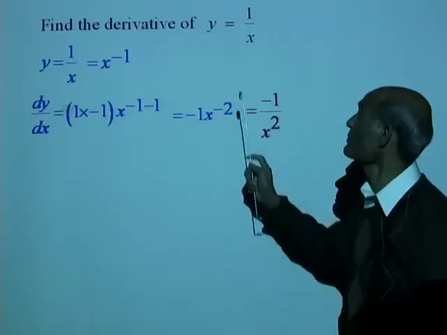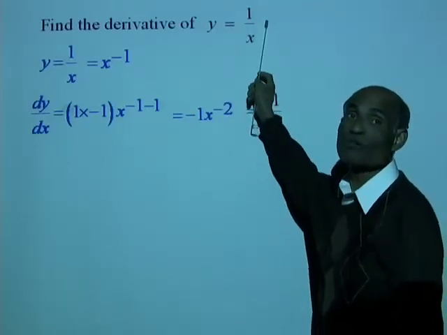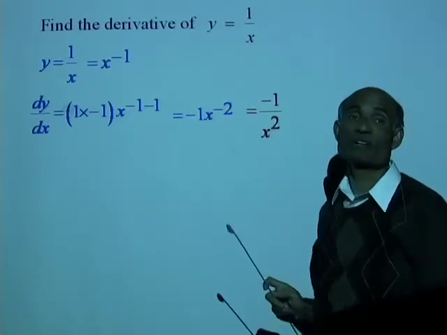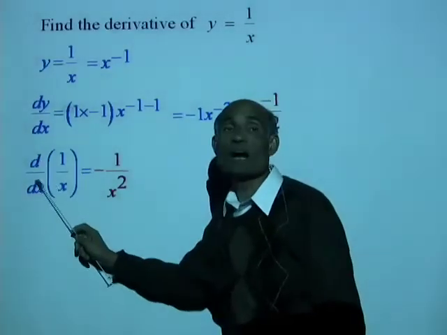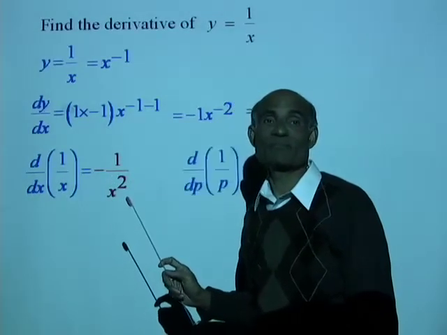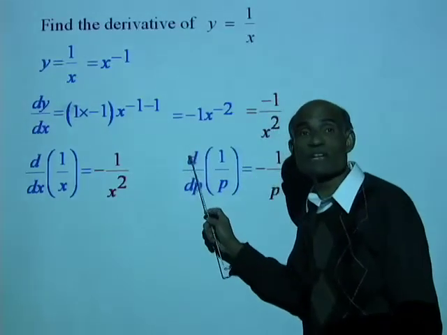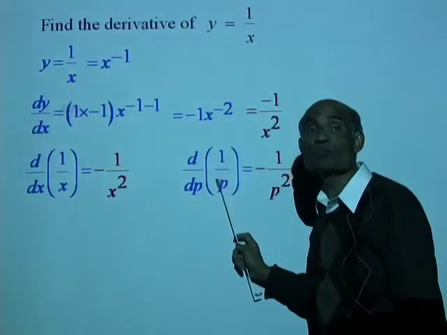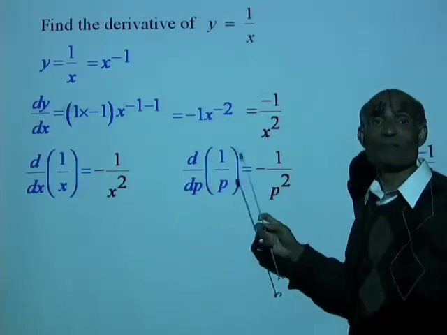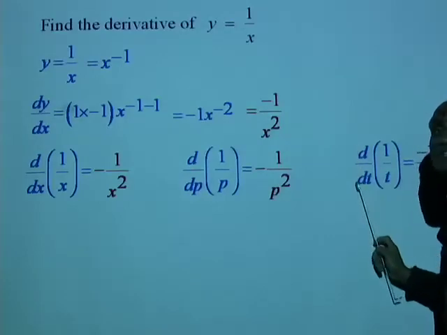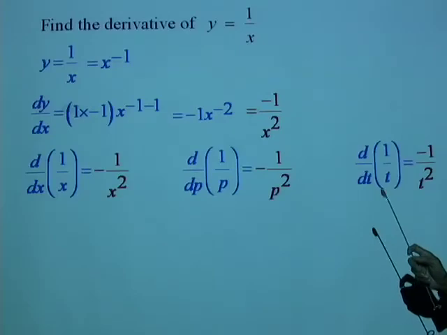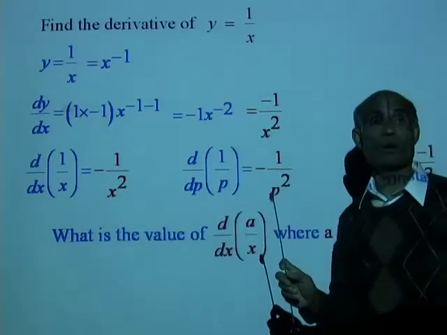A very important result. The derivative of 1 over x with respect to x is negative 1 over x squared. d by dx of 1 over x is negative 1 over x squared. Similarly, I can say d by dp of 1 over p is negative 1 over p squared. Or d by dt of 1 over t is negative 1 over t squared, and so on.